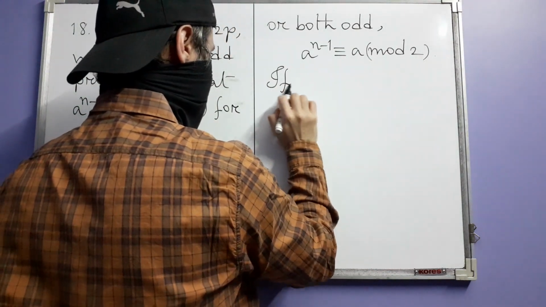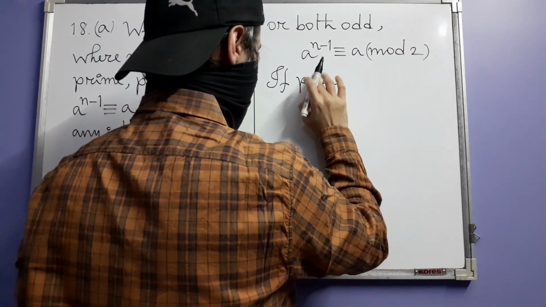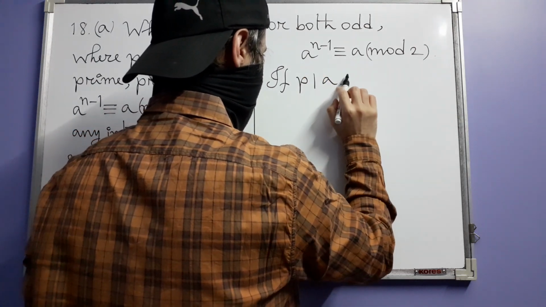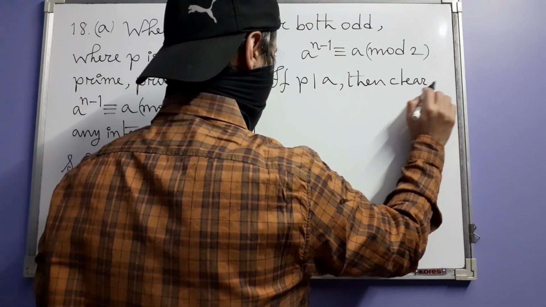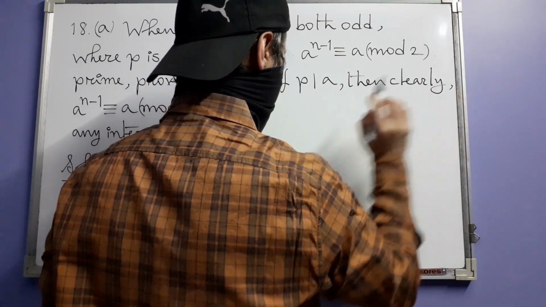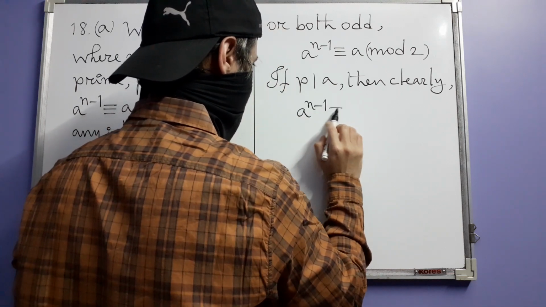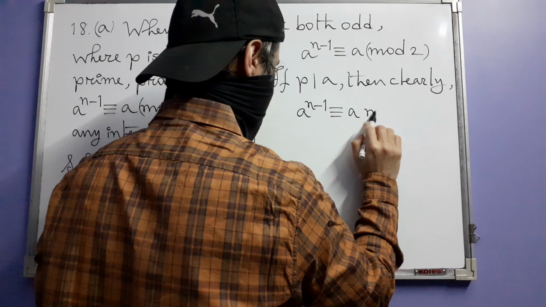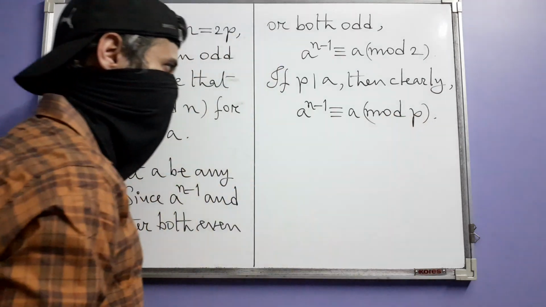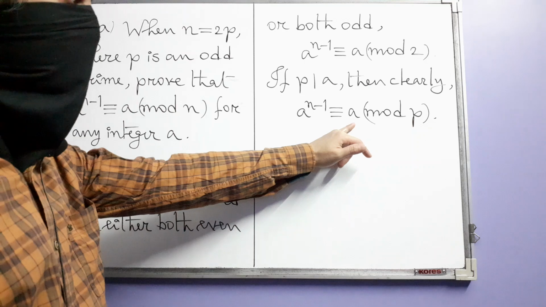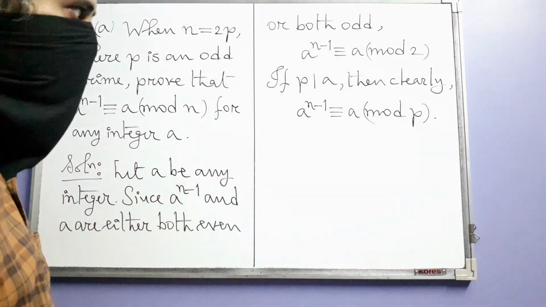If p divides a, then clearly we have this congruence, but now the modulus is p, because now both sides will be congruent to 0 modulo p, because p divides a.